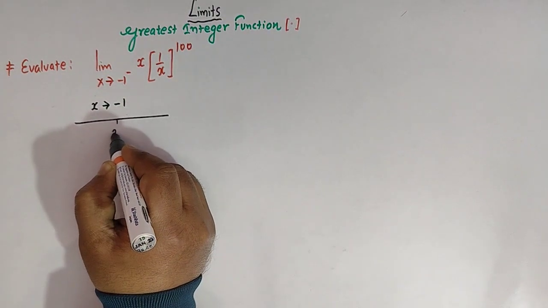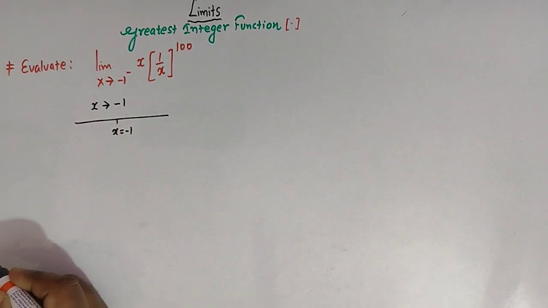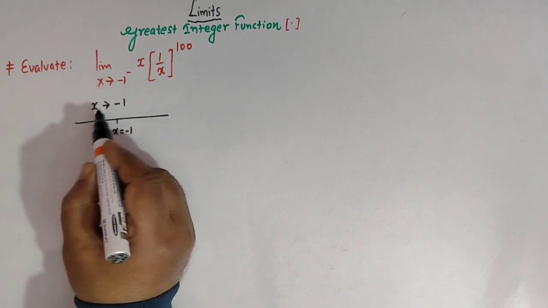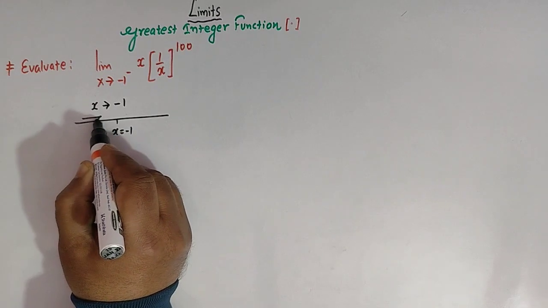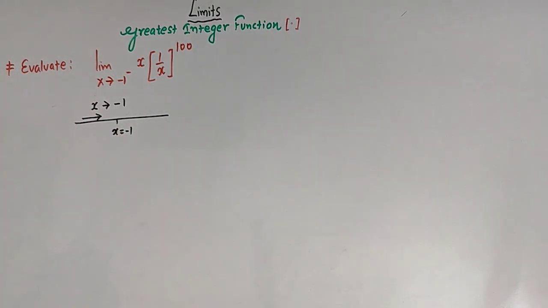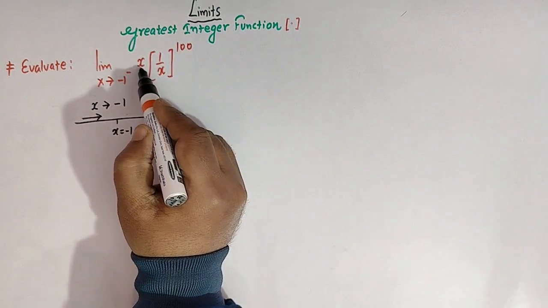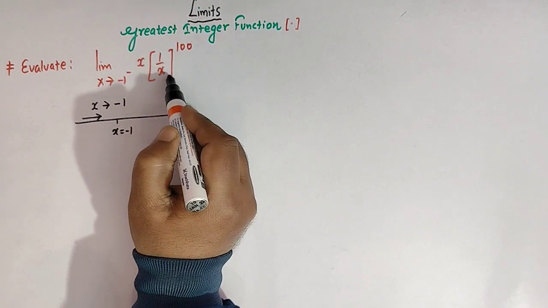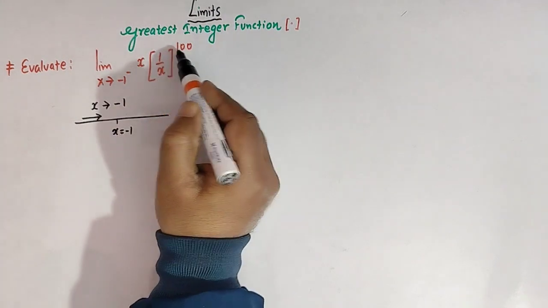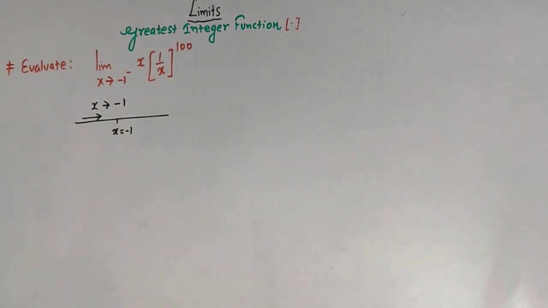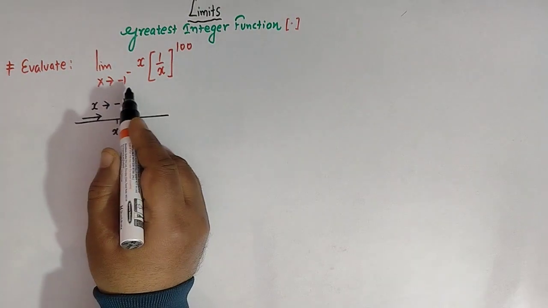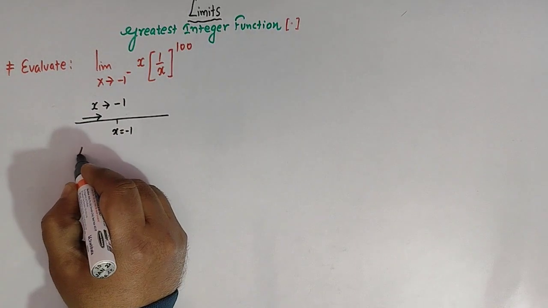The function is x times the greatest integer of 1 over x, raised to 100. So let us start, and here we have to find the left hand limit.